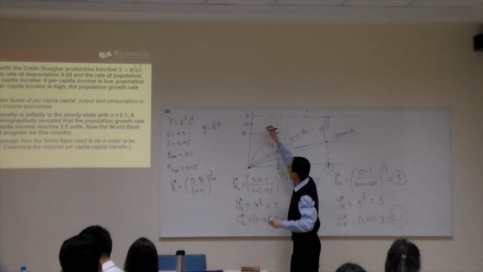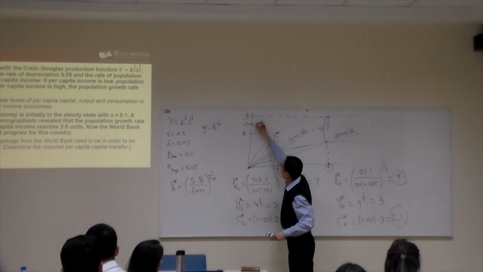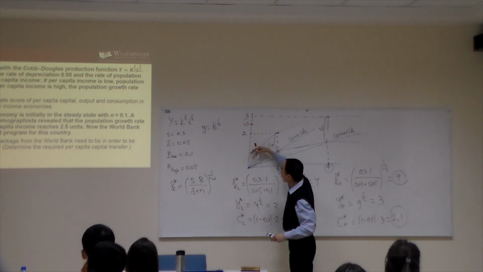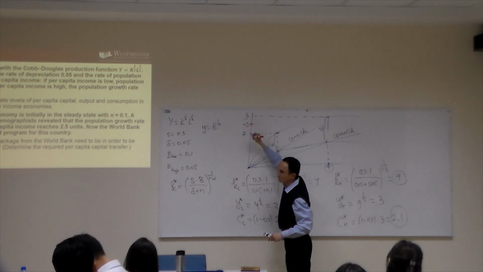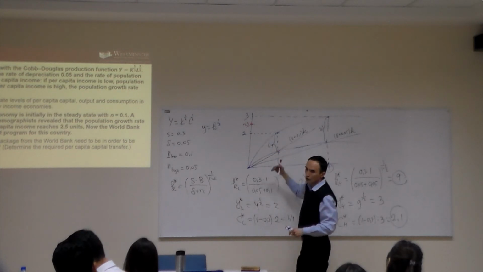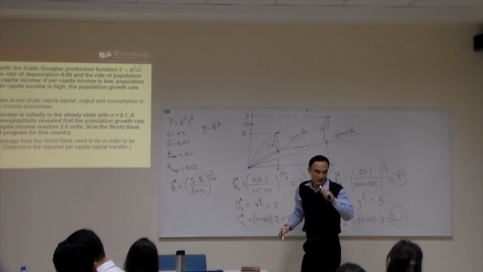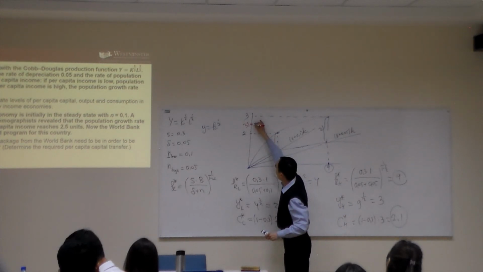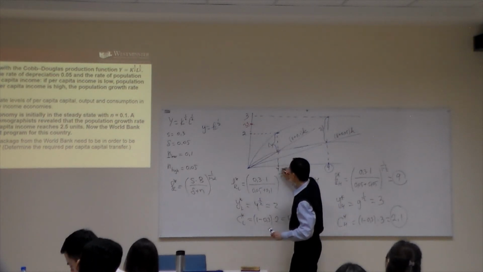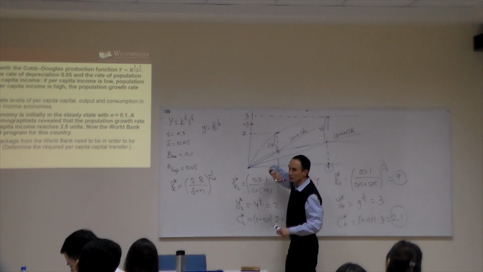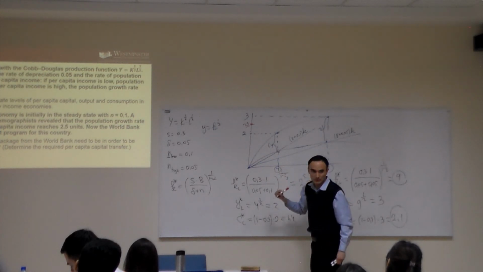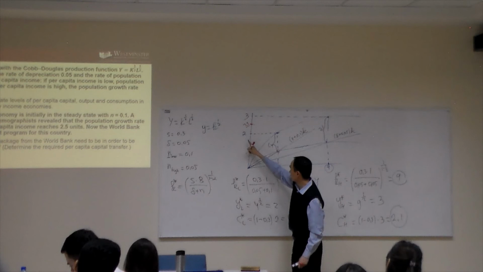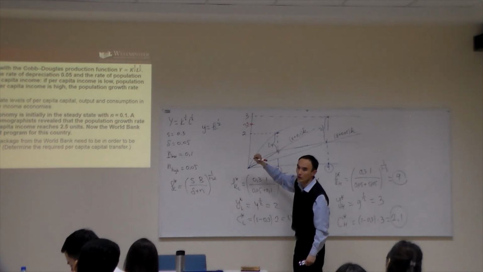Okay? So they know that if they help this country make their output reach 2.5, population growth will decline to 5% from 10%. So are they able to reach that 2.5 with capital of 4? No, right? With the given capital, they are able to reach only 2.